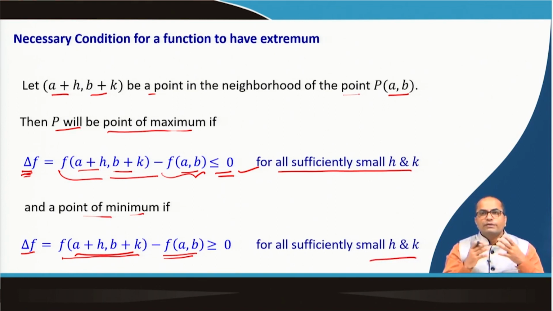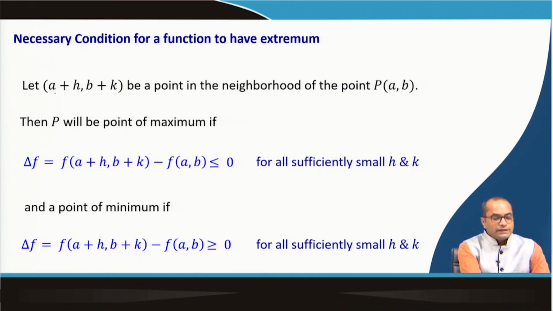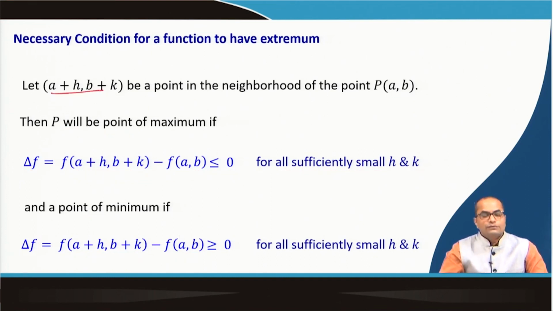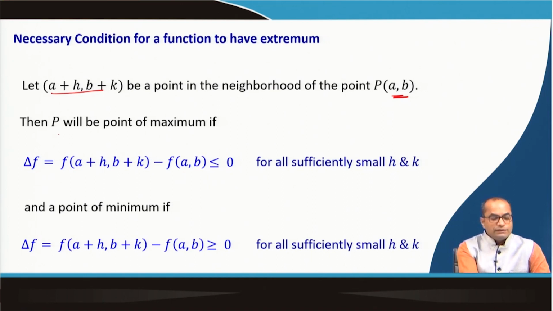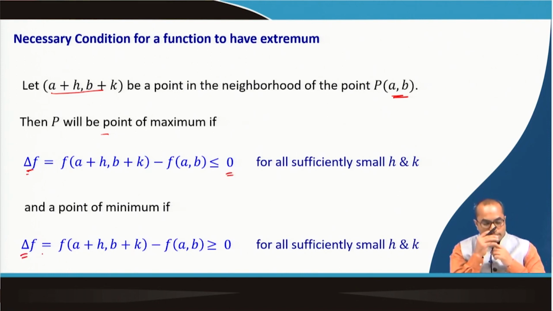This neighborhood may be very small, still we will call it a point of local minimum or maximum. So, what we have done here is take a point in the neighborhood of the point p(a, b), where we are looking for these necessary conditions, and p will be a point of maximum if delta f is less than 0, and a point of local minimum if delta f is greater than 0.